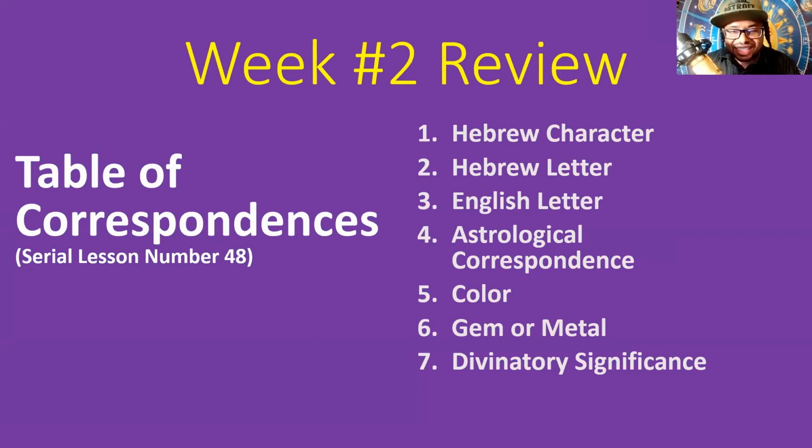That's not to say that it can't be related to any more things, but these are the core 7 things. 1 being the Hebrew character, 2 the Hebrew letter, 3 the English letter, 4 the astrological correspondence, 5 the color, 6 the gem or metal, and 7 the divinatory significance. And if you don't believe me, let's look at it.